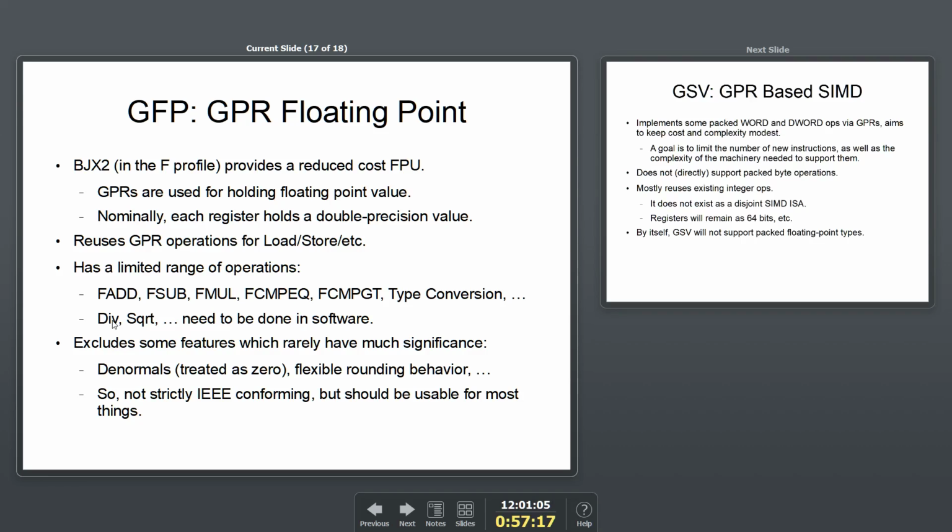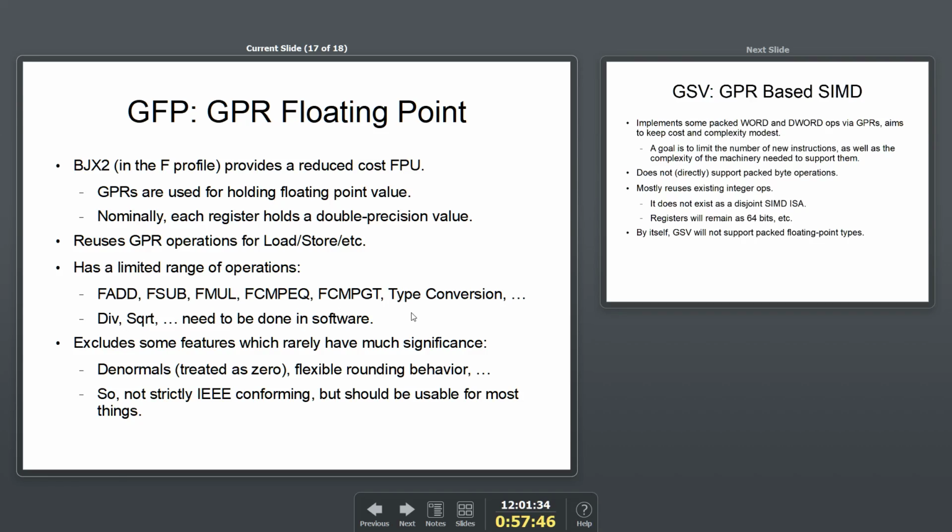So things like divide, square root, and so on are done in software. Basically whenever one tries to divide two floating point numbers, the compiler will effectively spit out a function call, and that will in turn use the good old Newton-Raphson iteration to do the divide magic.